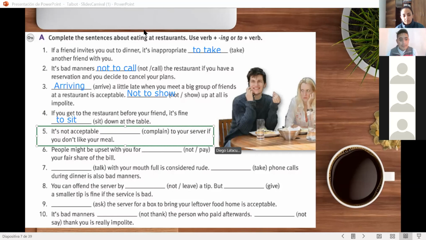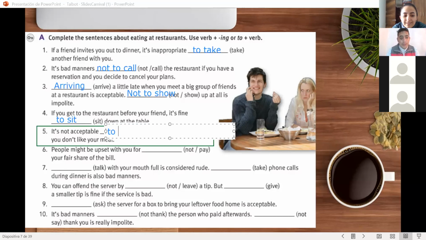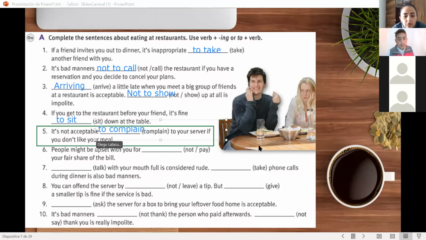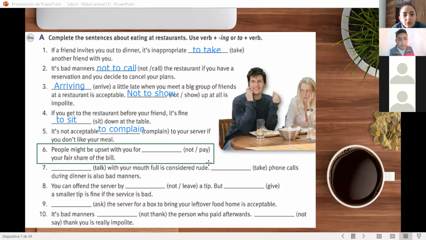It's acceptable to complain to your server if you don't. No te escuchamos muy bien, Erika, pero sí escuchamos la respuesta. It's not acceptable to complain. No es aceptable quejarse delante del mesero sobre su comida. Nunca traten mal a los meseros.